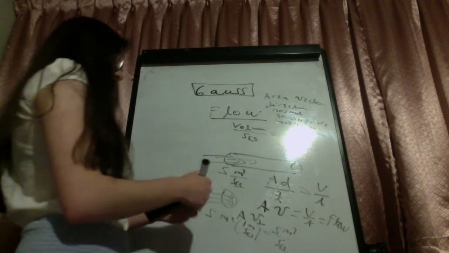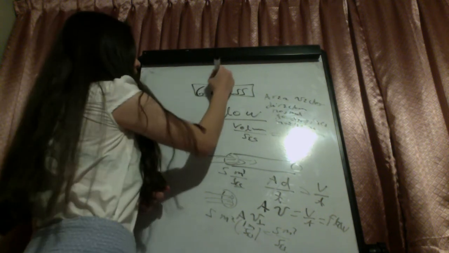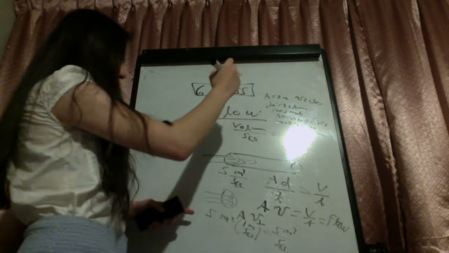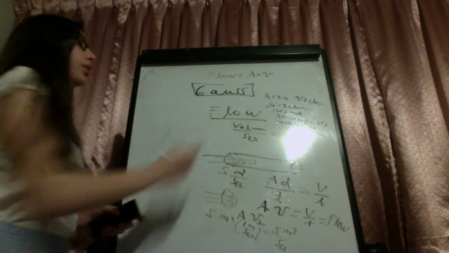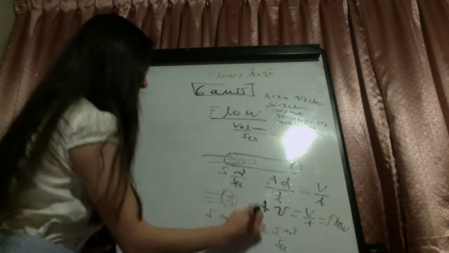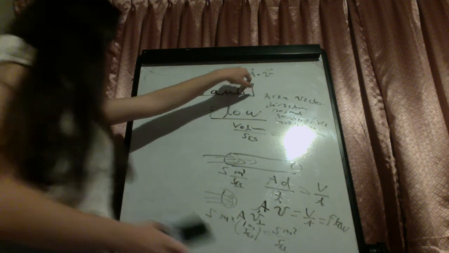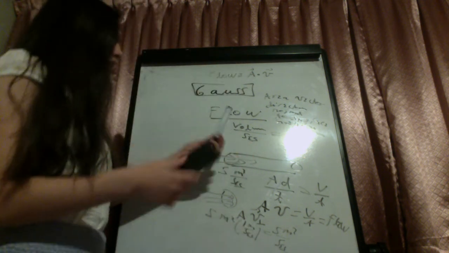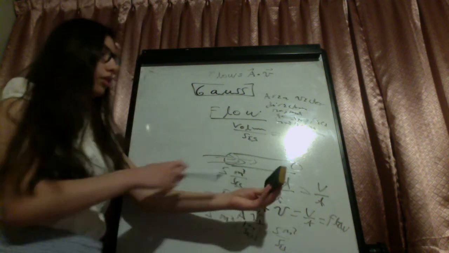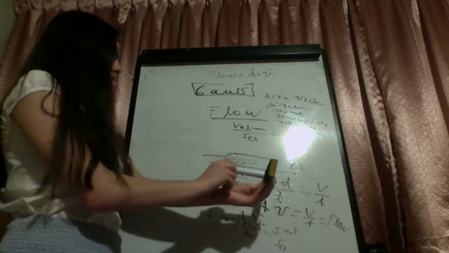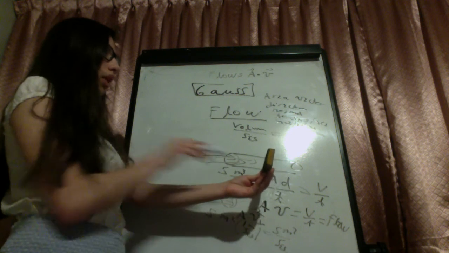So I could write the flow is equal to area dot product velocity, vector and vector. Here, I'm talking about the area vector that has the direction perpendicular to the surface. This is the area vector in this direction, and the velocity is also in this direction.